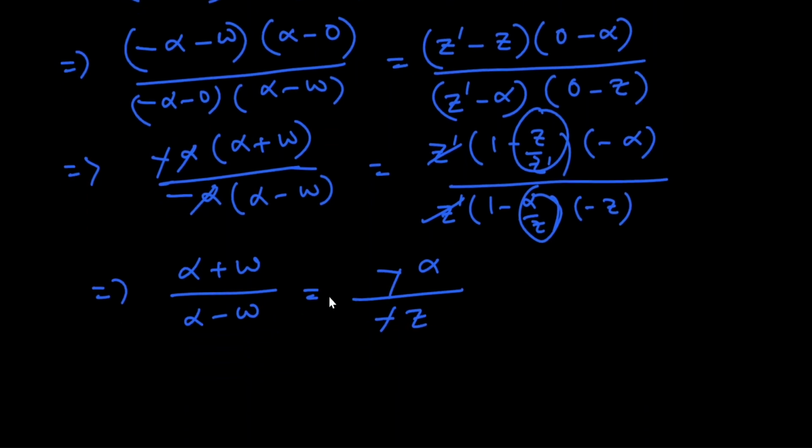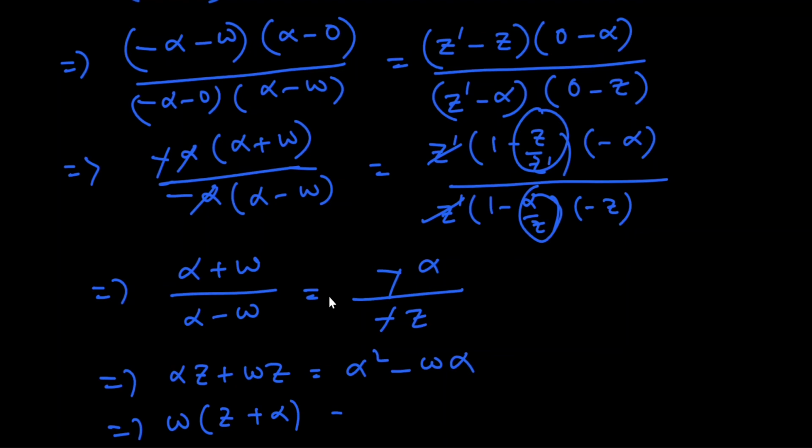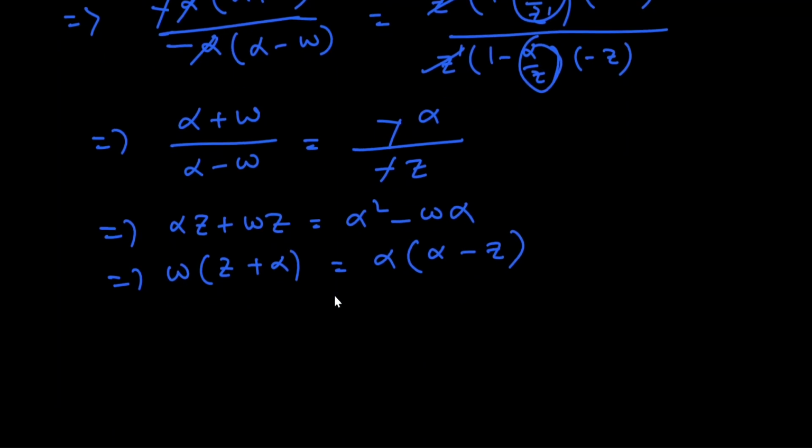Now multiply: alpha Z plus WZ is equal to alpha square minus alpha W. So take common W into Z plus alpha, this is equal to alpha into alpha minus Z. So from this we can write W equal to alpha into alpha minus Z by alpha plus Z.